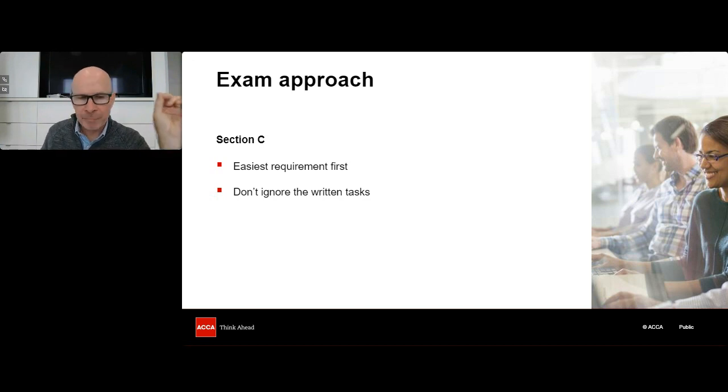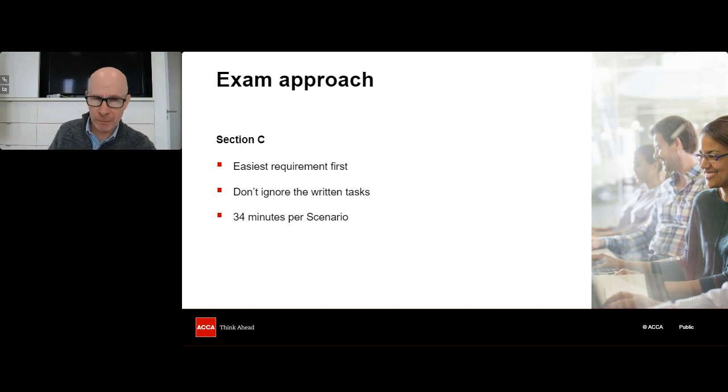Okay? Doing a good job on the writing is the difference between a marginal fail and a marginal pass. 34 minutes per scenario. Now, when you're doing the actual requirements, you could go with 1.5 minutes per mark as a rough indicator of time management. So if you saw something for 10 marks, spend 15 minutes on that.